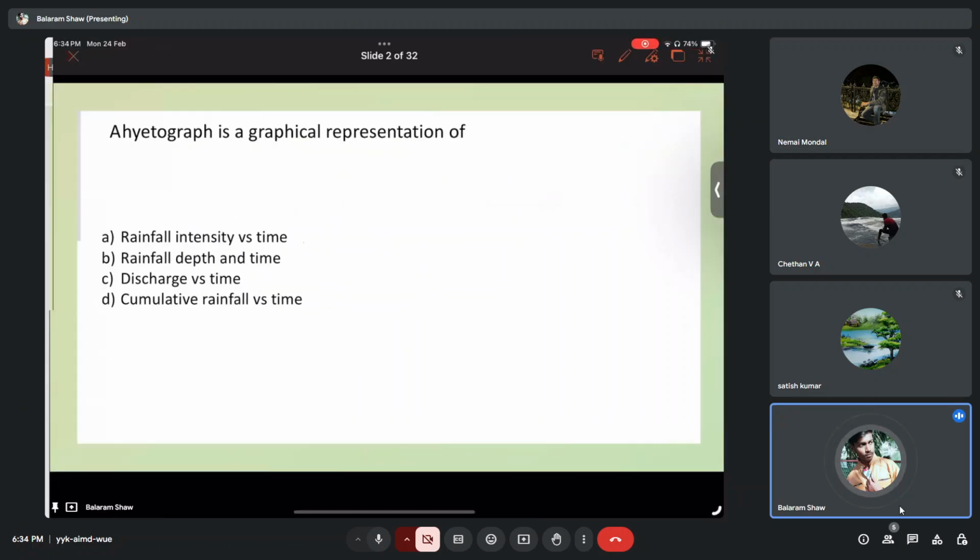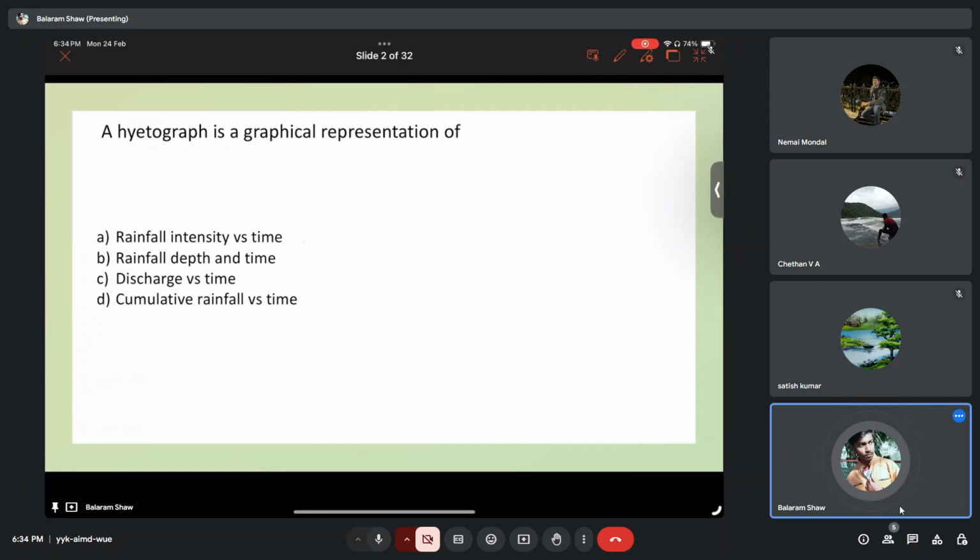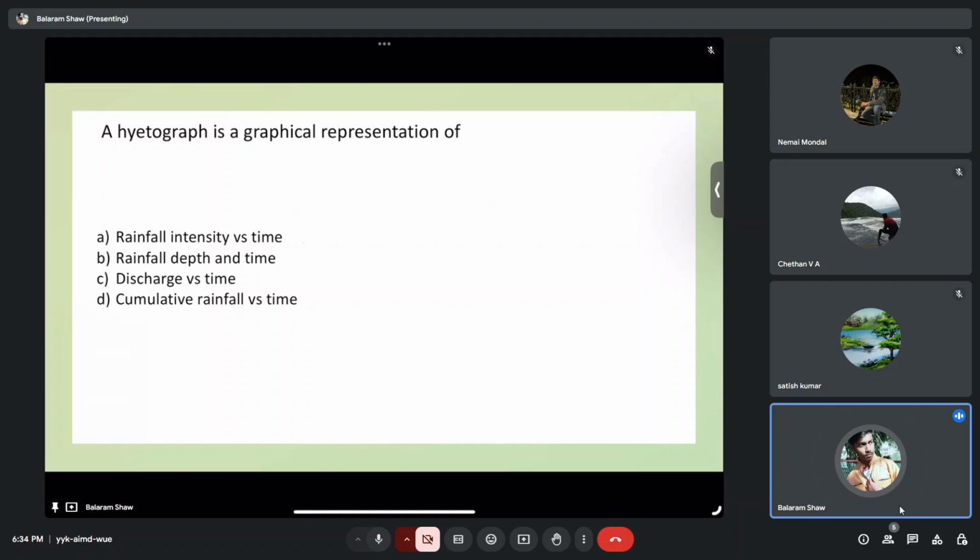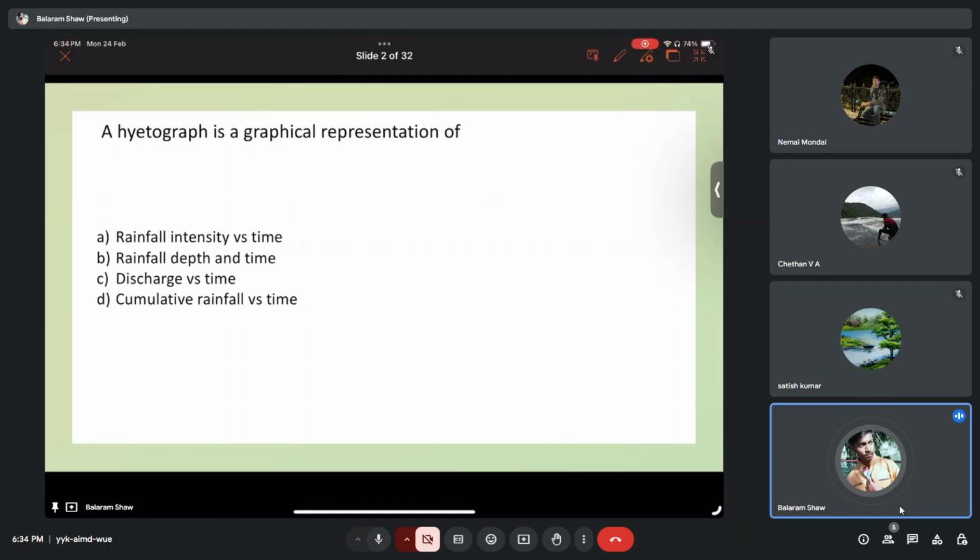Okay, so the first question is, a hydrograph is a graphical representation of, it's very easy, we have done it so many times. So the correct answer will be rainfall intensity versus time, right? Correct answer will be A. Okay.